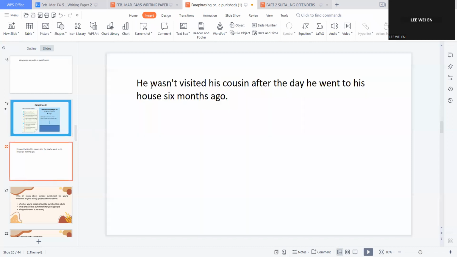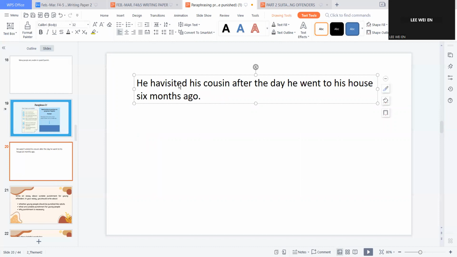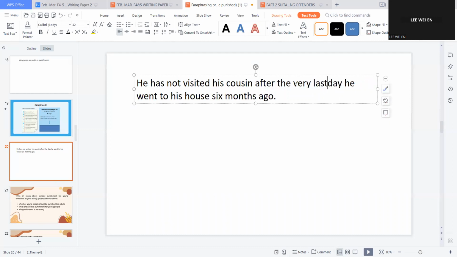Change it to he has not visited his cousin after the day he went, after the very last time he went to his house 6 months ago.